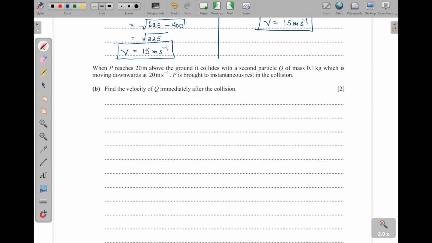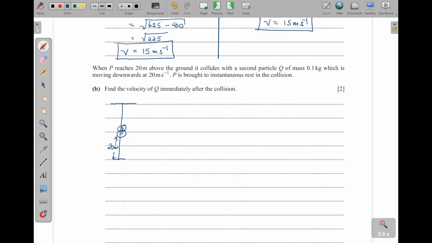And then they say part B, find the velocity of Q immediately after collision. So let's say Q is coming from up there, then it collides with P. P was moving from down here. So P had moved a distance of 20 meters, then they collide. This is your P, this is your Q.